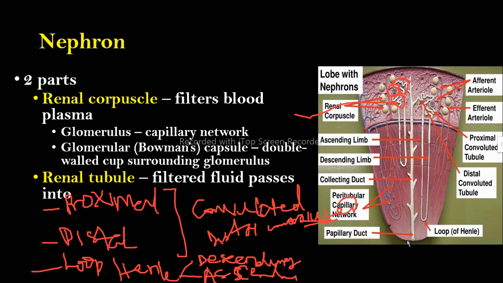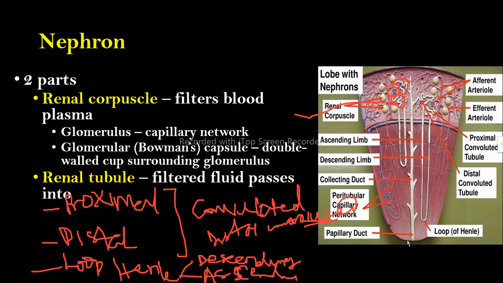These convoluted tubules, the distal and the proximal, are surrounded by a dense network of blood capillaries. Why? Because it's where renal absorption occurs, selective absorption. So that if you had lost what you needed in your body, then it should be absorbed back.